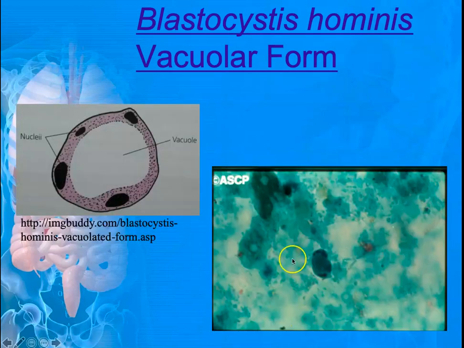This vacuole will usually stain darker with trichrome. So you get this large emptiness in the center, pushing all the nuclei to the periphery. So here's a black and white drawing of it, and here's what it would look like in a patient specimen.